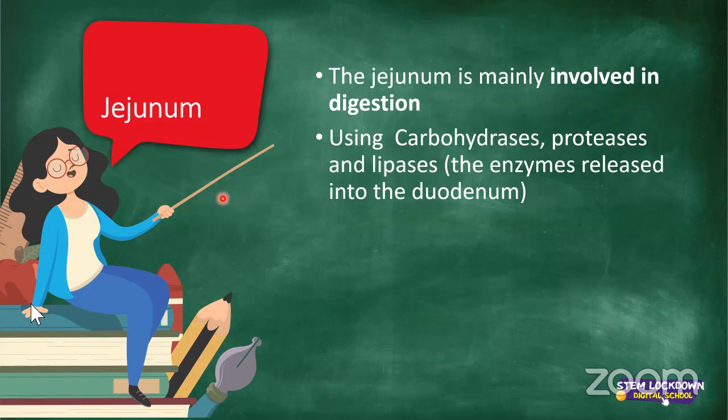There are no ducts which bring in other enzymes from other accessory organs. So the digestion that takes place by the jejunum is chemical digestion, because we have our carbohydrases, the proteases, and the lipases that were secreted or released into the duodenum. All right, are we all following?